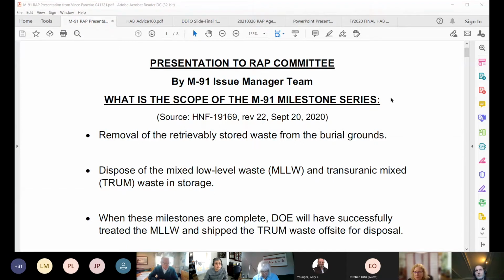So I discovered right off the bat that you needed to understand scope and definitions. That's what my presentation today is going to focus on: scope, definition, and then the last and most important part of the conversation. M91 has a requirement to put out an annual project management plan, which tells how M91 will be implemented.